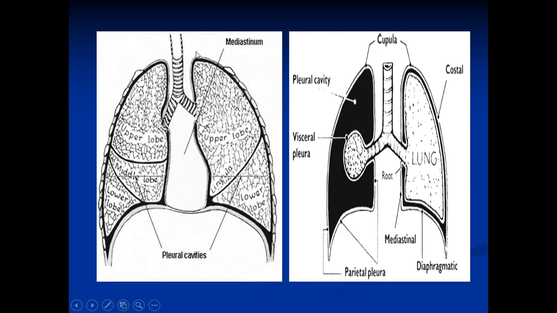Here's a diagram showing the right lung with its upper, middle, and lower lobes, and here on the left side there is an upper lobe and a lower lobe. Okay. The pleural cavities are the space between the parietal pleura and the visceral pleura. Here is the visceral pleura covering the lung.